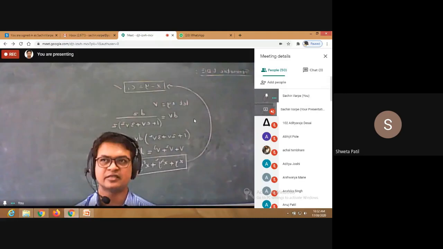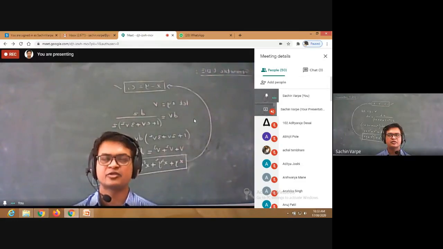So E is directly proportional to 1 by C, that is, inversely proportional to C. And if we consider Q as the proportionality constant, then E is equal to Q by C. Is it correct? I don't think it is correct.